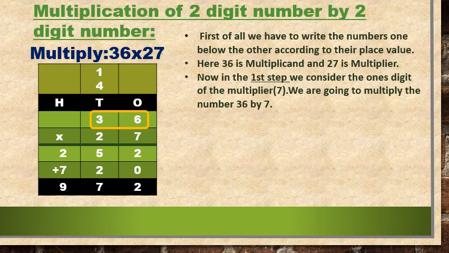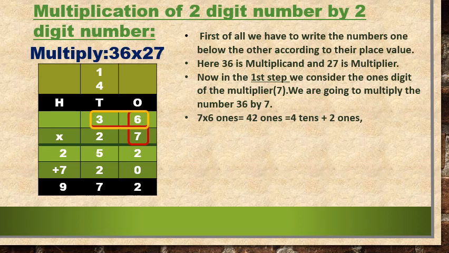Now, in the first step, we consider the ones digit of the multiplier, that is 7. Now we are going to multiply the number 36 by 7. Now 7 into 6 ones equal to 42 ones.